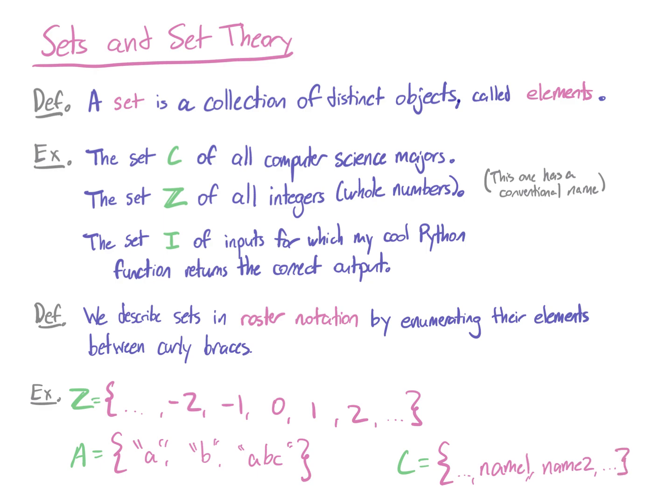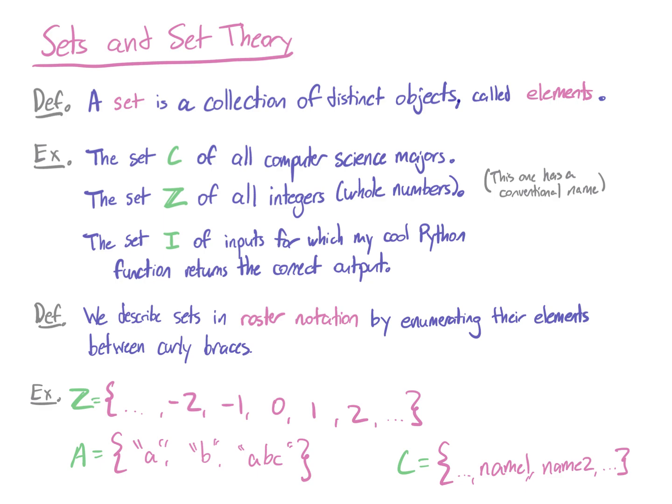So the first way that we have to write sets using roster notation just means to write them out. I write out every single element of the list, or if I have a list that has more elements than I'm able to write out, then I'll use this ... notation to indicate that the set continues.